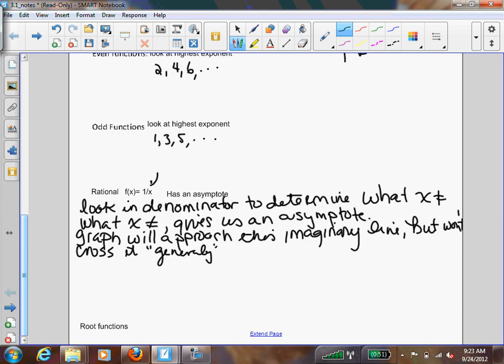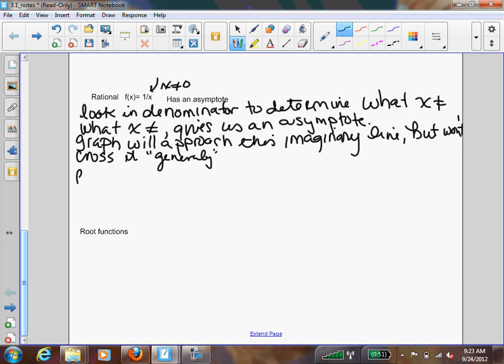So in this case, x can't equal 0, correct? Because that's what gives us an undefined function. So if I'm looking at f of x equals 1 over x, x can't equal 0, which is the y-axis. Now this also has a horizontal asymptote, and we'll get to that later this year.